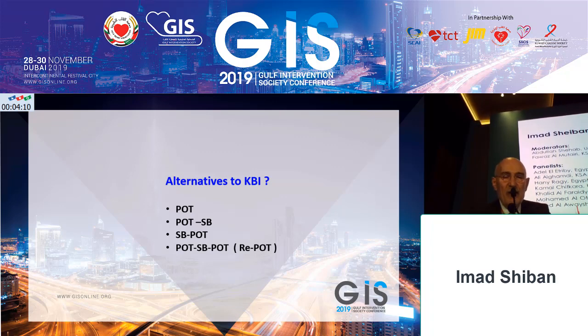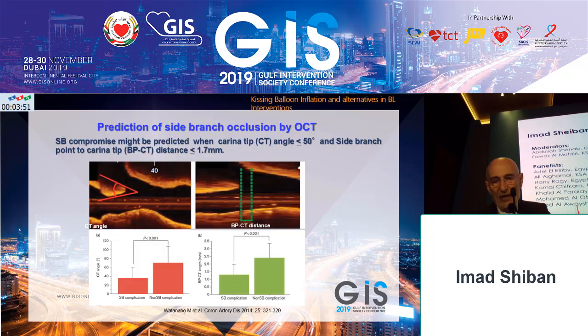Alternatives to kissing balloon have been proposed recently: POT, side branch, then POT again, that means another POT, final POT. But actually, we do not have that much data supporting all these alternatives.